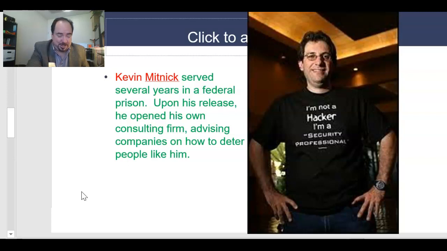With friends like that, who needs enemies. I'm a fan. He's from North Carolina also, so he's like a hometown boy done good. Not really, but he served his time in jail, and now he's a free man, and you can go to KevinMitnick.com, or MitnickSecurity.com, or MitnickConsulting.com. Check it out.